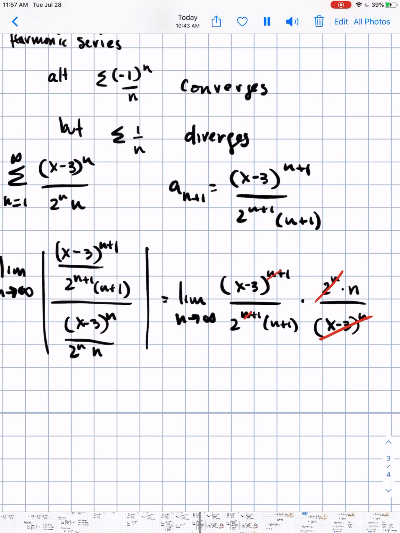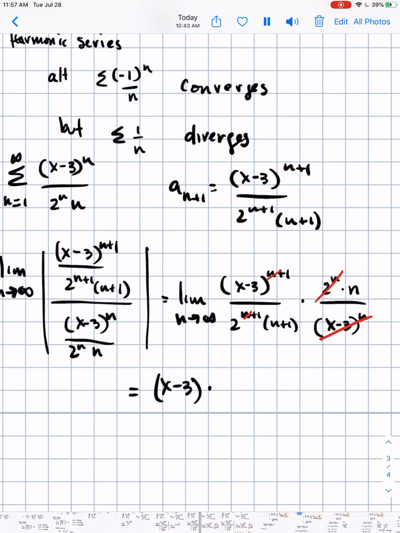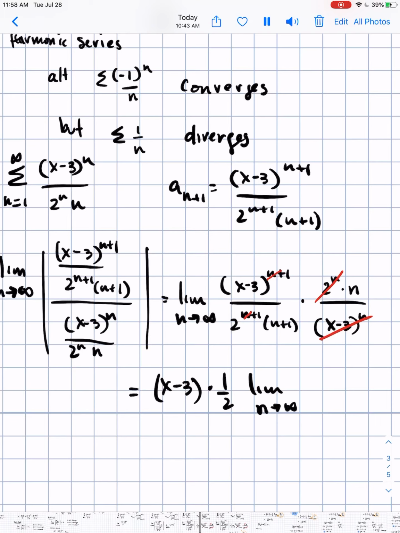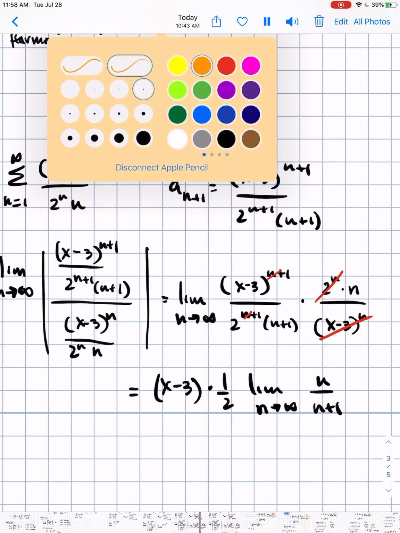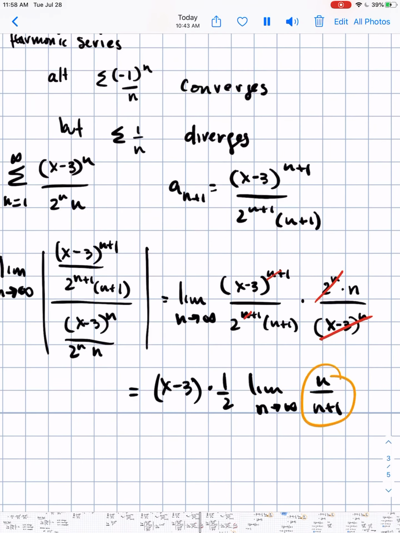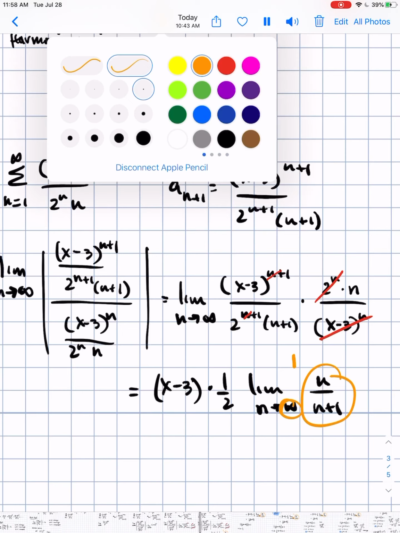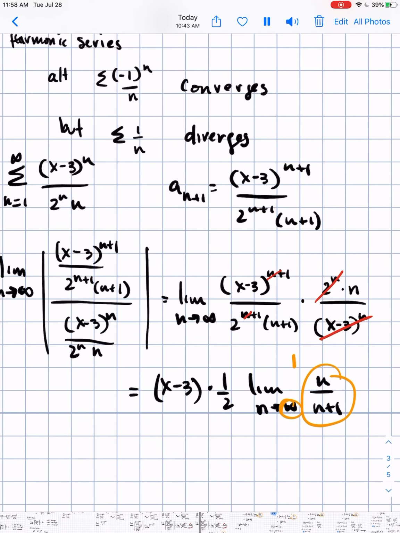So you could write this as x minus 3 times 1/2, and then take the limit as n goes to infinity of n over n plus 1. So this limit here, when n goes to infinity, is going to be equal to 1. That's because your degrees are the same.